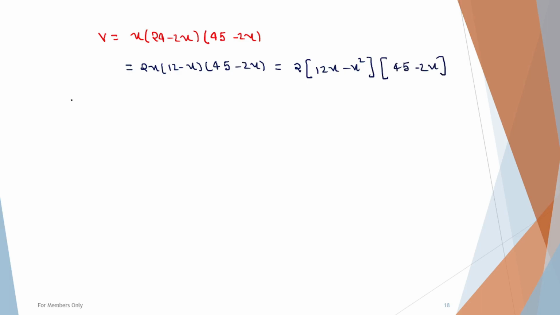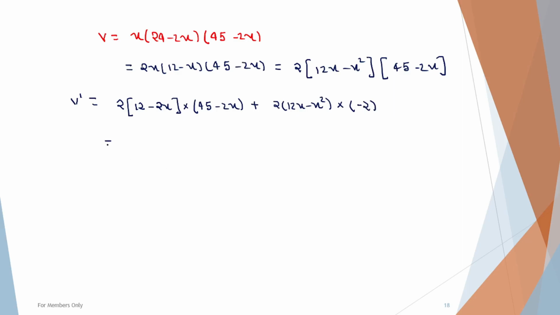Now we are ready to differentiate it. So V dash will be equal to 2 times 12 minus 2x times 45 minus 2x plus 2 times 12x minus x square times minus 2.